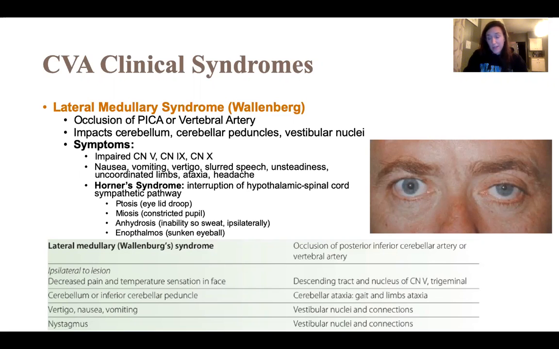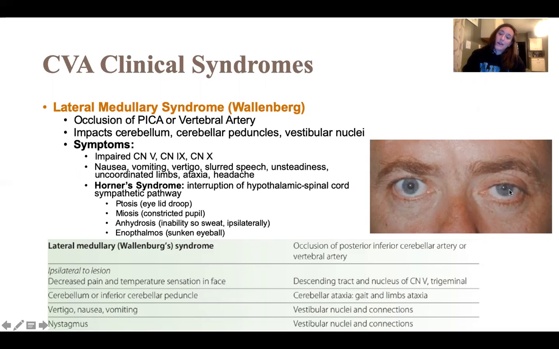We're going to have cranial nerve involvement, and oftentimes, not always, these patients also will have this combo of symptoms that fall under Horner syndrome, and that is the four that I have listed here. And it is this picture right here. So this eye over here, your right, the patient's left, is an example of Horner syndrome. So we have a droopy eyelid, ptosis.